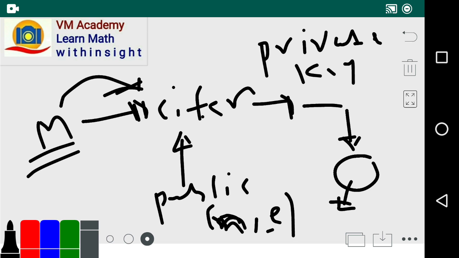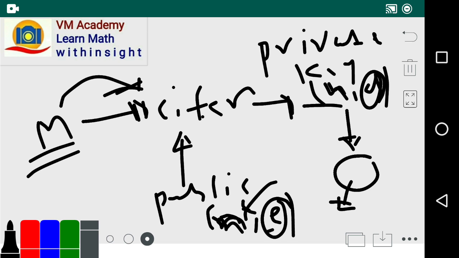The private key is nothing but n comma d, where n is the same number shared, and d is the modulo inverse of e with respect to phi of n.